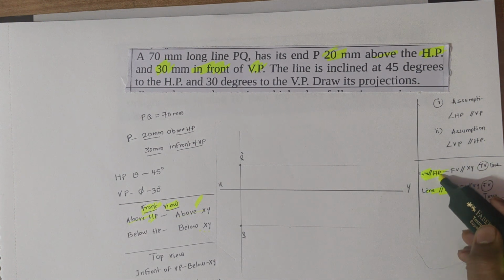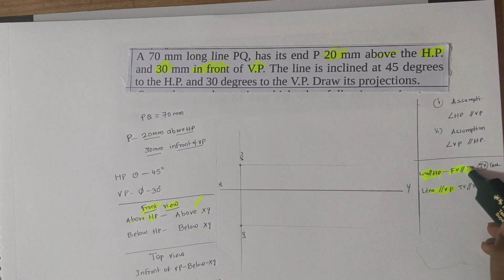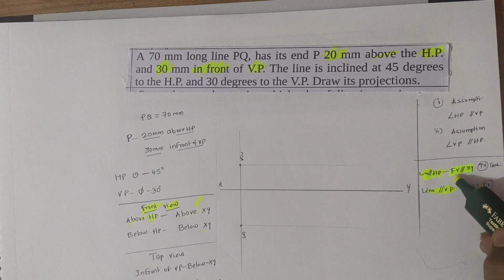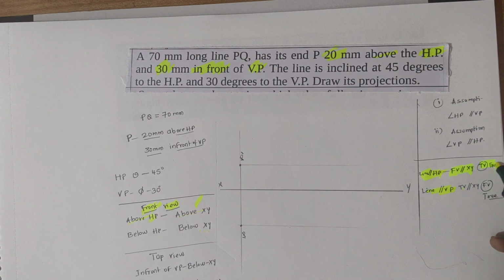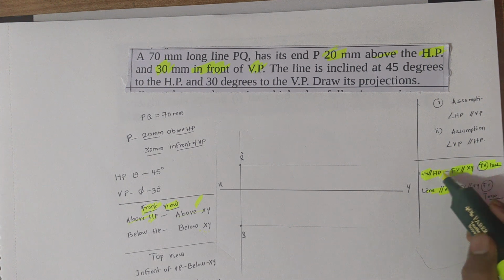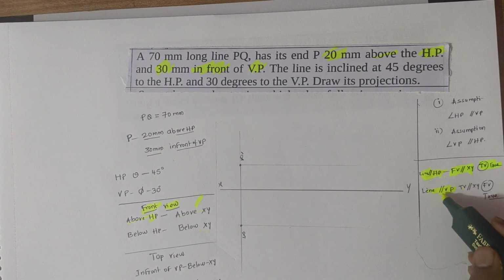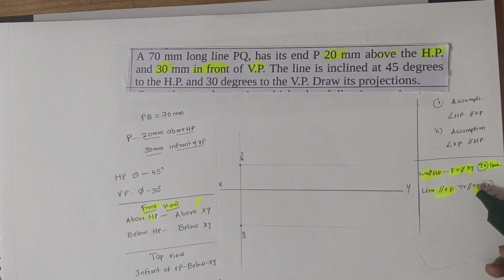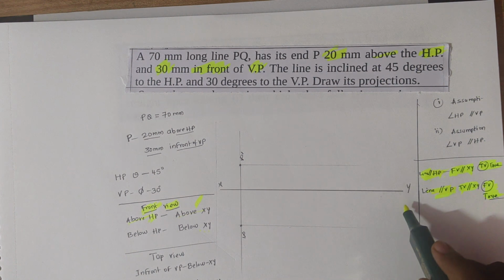If the line is parallel to the HP, remember this: the front view is going to be parallel to the XY, whereas the top view is going to be in true length. Similarly, if the line is parallel to the vertical plane, the top view should be parallel to the XY, whereas the front view is going to be in true length. You must master these conditions to execute.